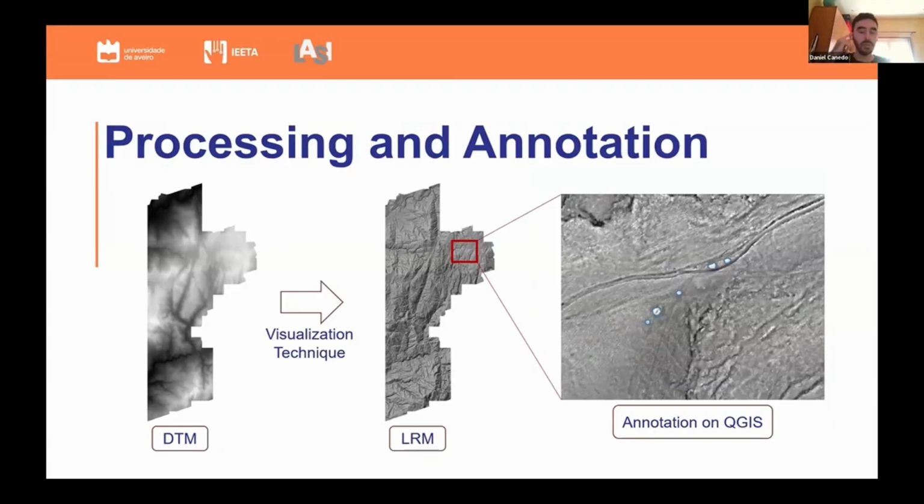Then we apply a visualization technique to obtain the local relief models. At the time, we did some state-of-the-art research and realized that this type of model was ideal for our case because it highlights micro topographies in the landscape, which makes it easier to detect anomalies in the landscape. After having these local relief models, we annotated the hill forts that we knew about.